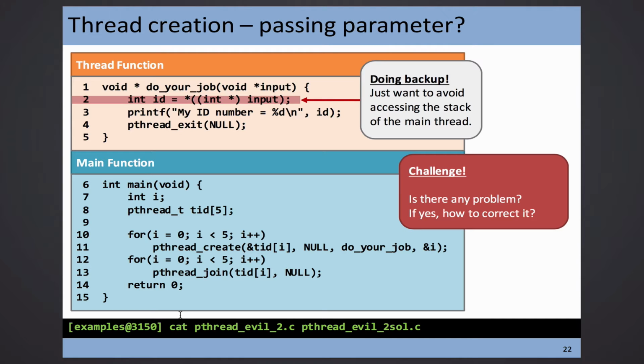So what will you expect from this program? Now it is beautiful. I do a for loop, and every time I pass the I variable address to the threading function. The threading function will print out something like, is my ID number is something. It is 0, 1, 2, 3, 4.